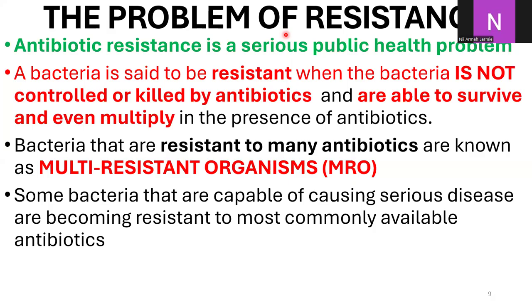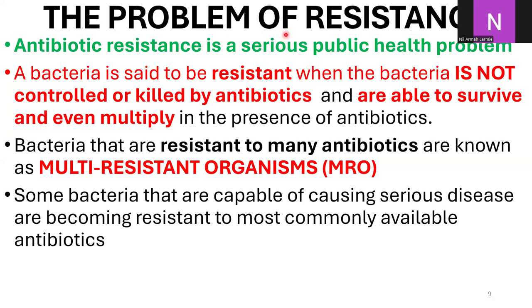So the antibiotic that is usually killing or halting the growth of the bacteria, in this instance is not able to kill. So in the presence of the antibiotic, the organism survives and even multiplies. Then we say that that organism is resistant to that particular antibiotic or antimicrobial agent.